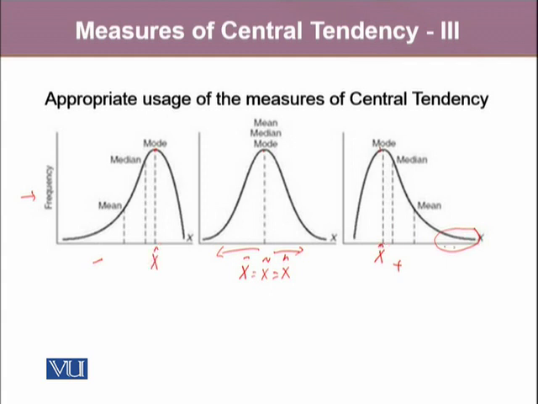But due to these values on the tails, mean gets affected, and mean actually moves towards these values. Hence, this is the mean. And over here, mean will go here, and it will shift towards left due to these values. Here, mean will shift towards right due to these values.